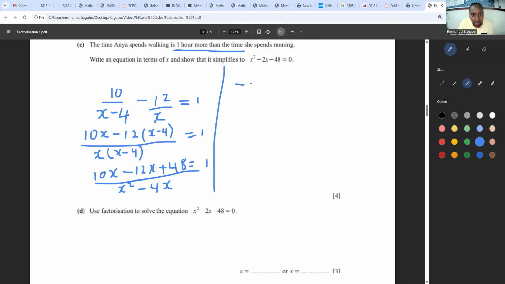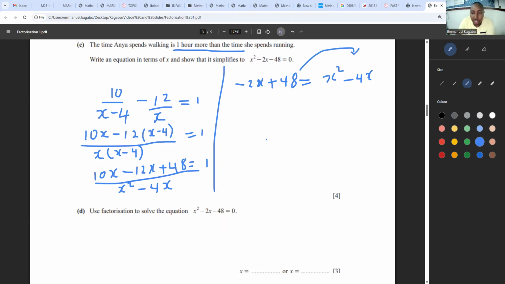So I've got 10x minus 12x plus 48 equals to x squared minus 4x, right? Okay, good.